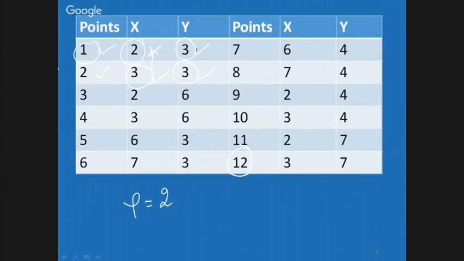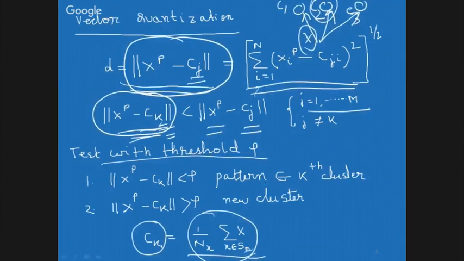So, if we find out the distance, what will be the Euclidean distance? It will be root of the summation. Our x is 3, this is our x_i, and c_ji first time is 2. So, that will be 3 minus 2 whole square, because I have given here x_ip minus c_ji whole square.